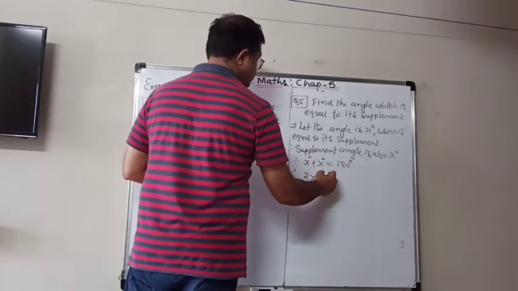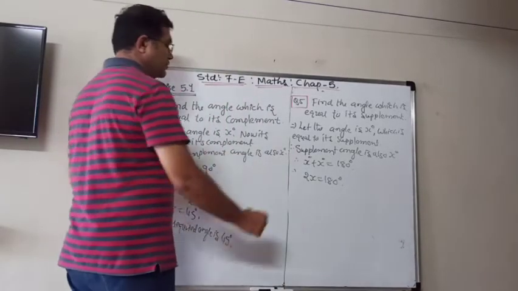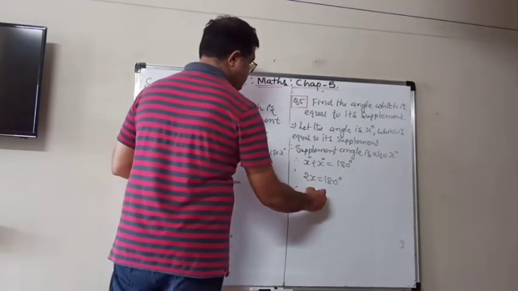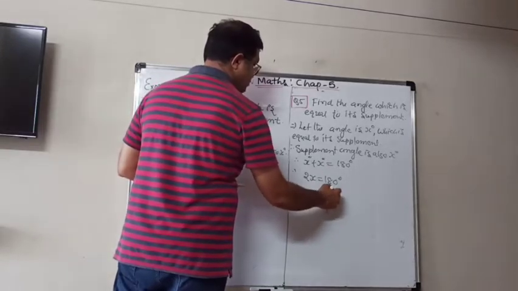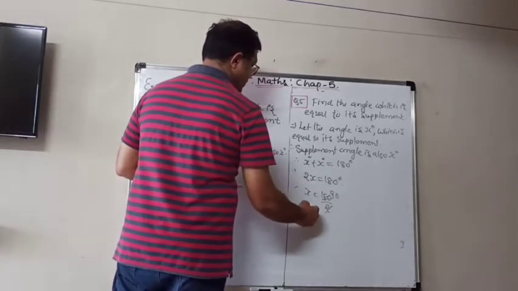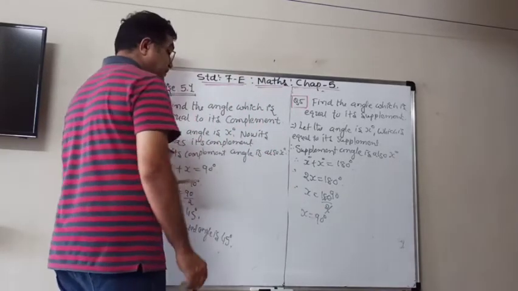So x plus x is 2x. 2x degree is 180 degree, and therefore x is equal to 180 divided by 2. So here we get the answer, x is equal to 90 degree.